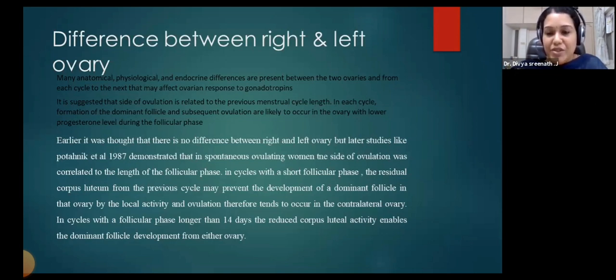In the first phase, estrogen is the primary hormone, and in the second phase, progesterone is the main hormone. Even though both ovaries respond equally, clinical studies state there is a 60% higher chance of a successful pregnancy when the ovum or follicle develops from the right ovary.